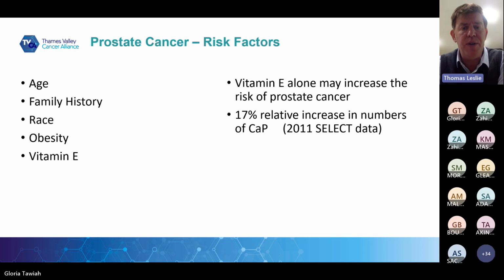What there is definitive evidence on, from relatively old studies, was a whole raft of studies looking at vitamin supplements and prostate cancer, and the SELECT trial from 2011 actually had to be stopped early because they discovered vitamin E, for example, increased the chance of prostate cancer, so they stopped giving them vitamin E, and they also found that folic acid possibly increased the chance of causing prostate cancer as well.